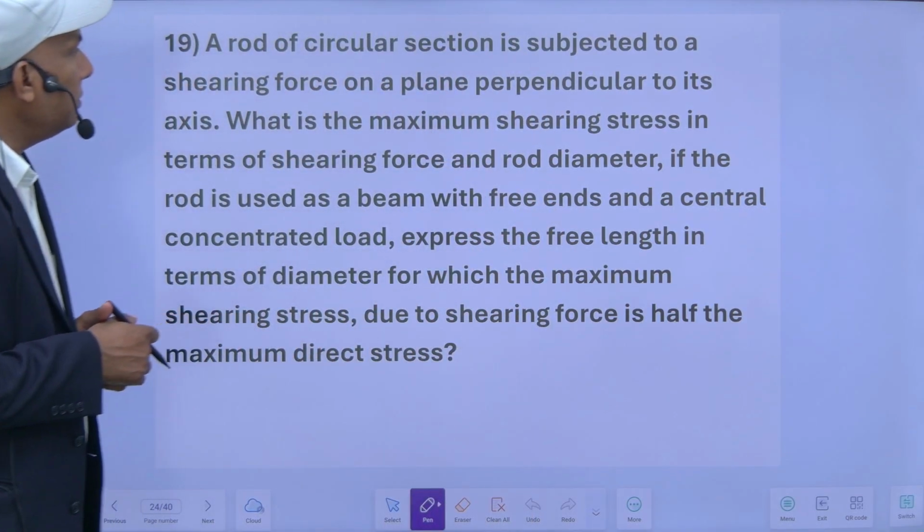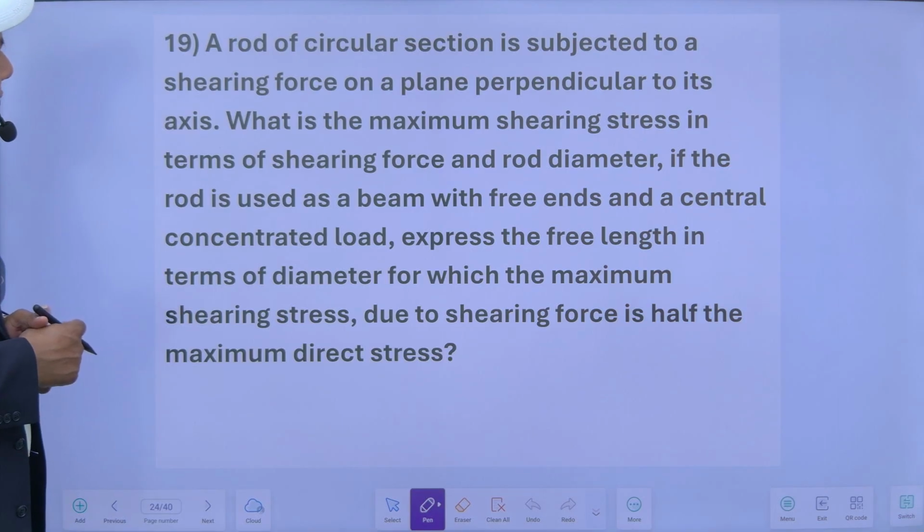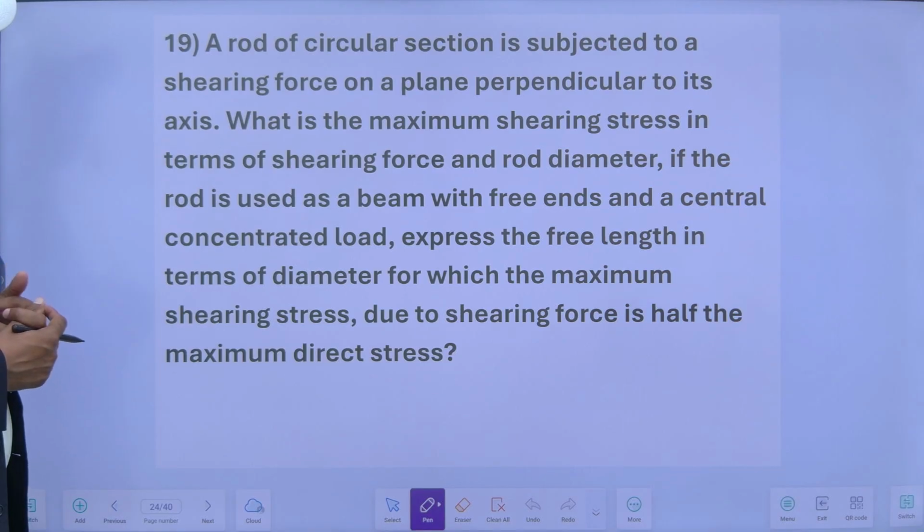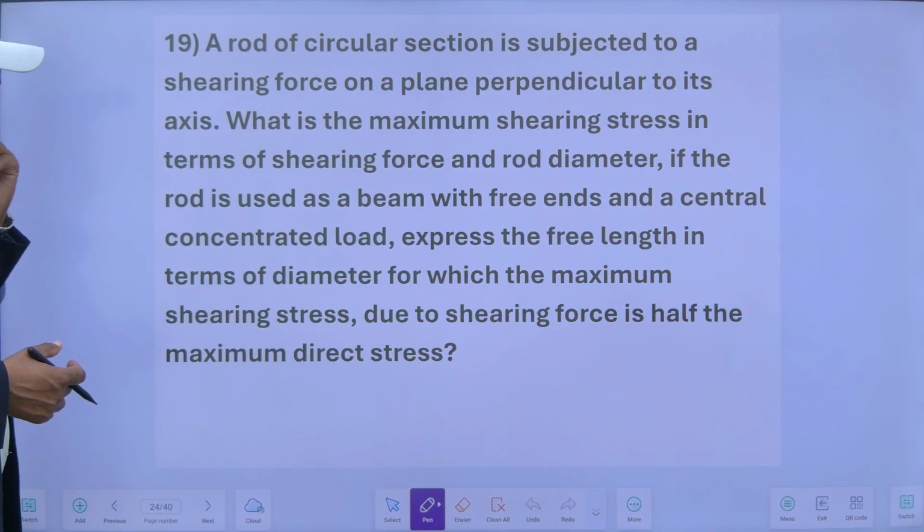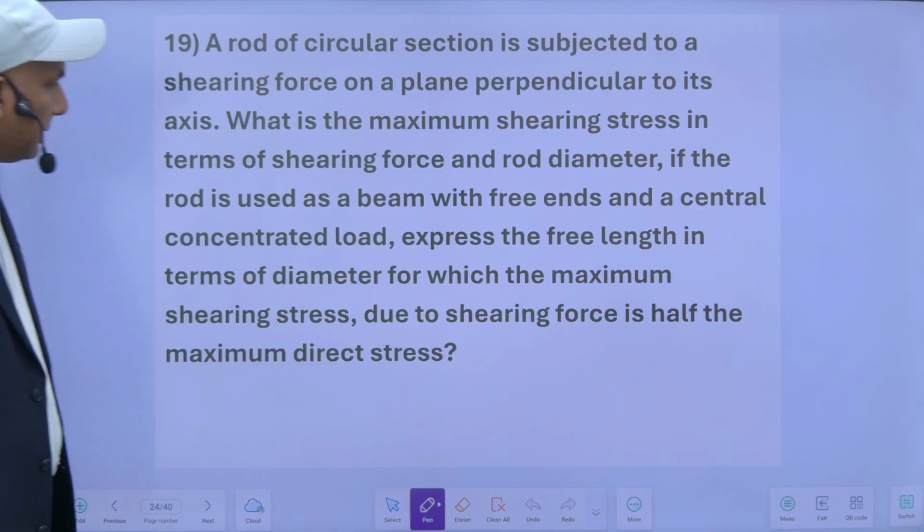A rod of circular section is subjected to a shearing force on a plane perpendicular to its axis. What is the maximum shear stress in terms of shearing force and rod diameter if the rod is used as a beam with free ends and a central concentrated load?